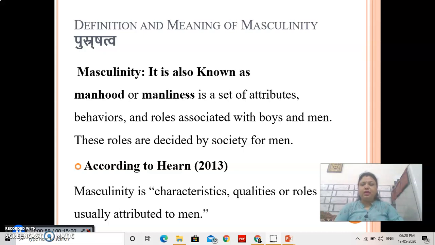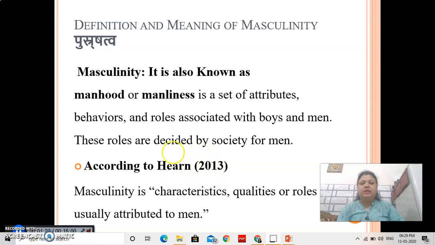So we can say that masculinity refers to the behaviors, social roles and relations of a man within a given society, as well as the meanings attributed to them. Masculinity is also known as manhood or manliness. According to Heron, the definition of masculinity is that it is characteristics, qualities or roles usually attributed to men.